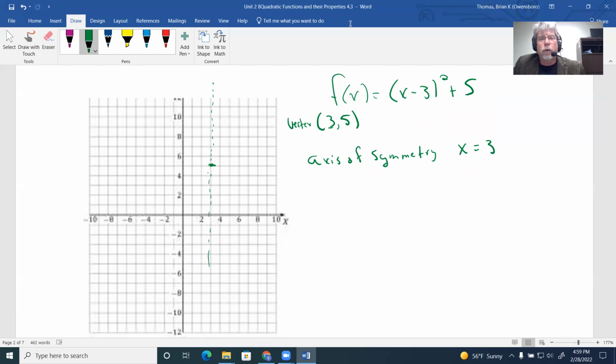I do need one more point. So I'm going to pick a value just to the right of the 3. I'm going to pick x to be 4. If x is 4, I'm going to put that into the problem. 4 minus 3 squared plus 5. So 4 minus 3 is going to be 1. 1 squared plus 5, well, that's just going to be 1 plus 5, which is going to be 6. So I'm going to have also this point 4, 6.